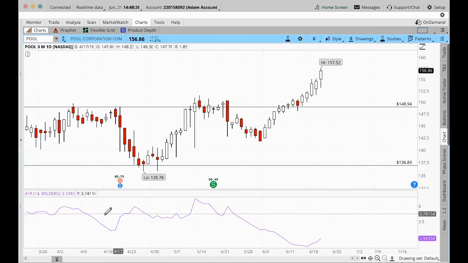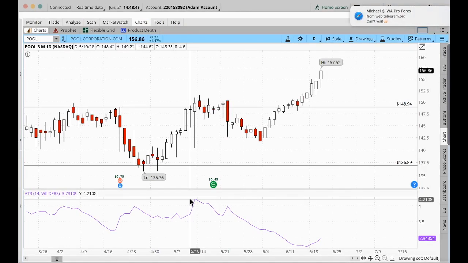And what I do is I put my mouse or my crosshair to the top. The number here is $4.21, which means in the last 3 months, this stock, POOL, moved $4.21 in a day. That was the highest range in a day.